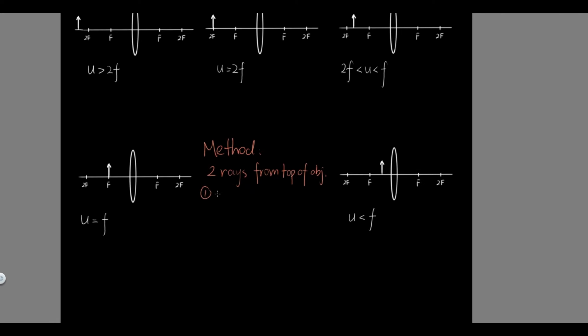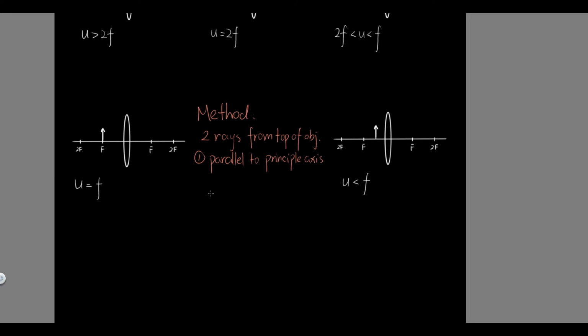Number one, parallel to the principal axis. We know that light rays that come parallel to the principal axis are going to go through the focal point on the other side, or I should say principal focus.